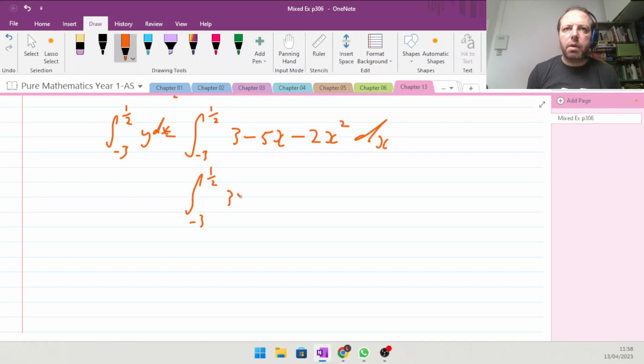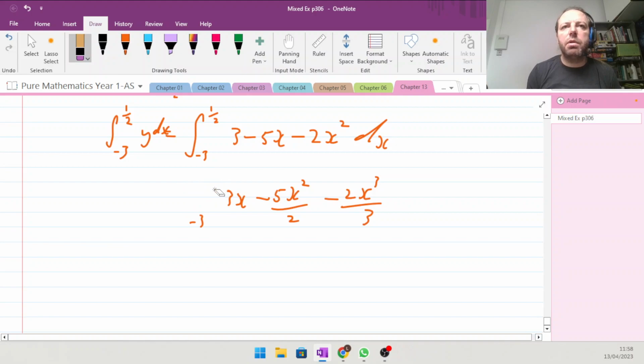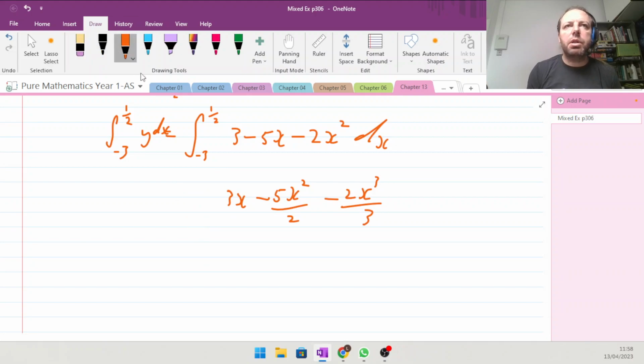So 3x minus 5x squared over 2 minus 2x cubed over 3. Okay, in fact I don't need an integral sign there anymore. I need a box.